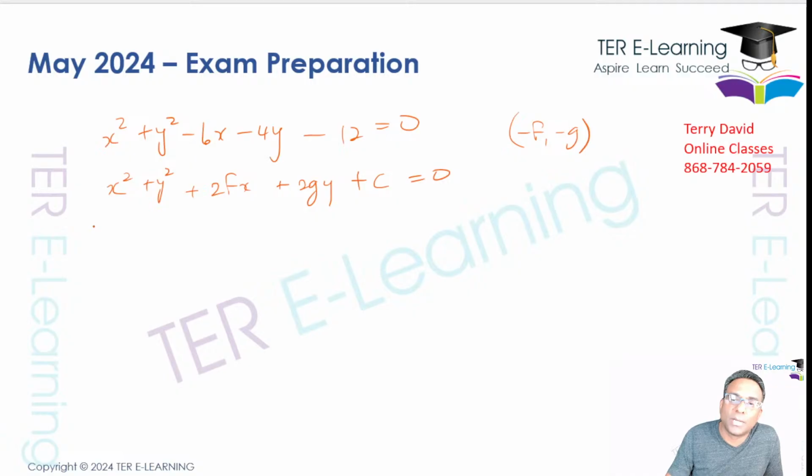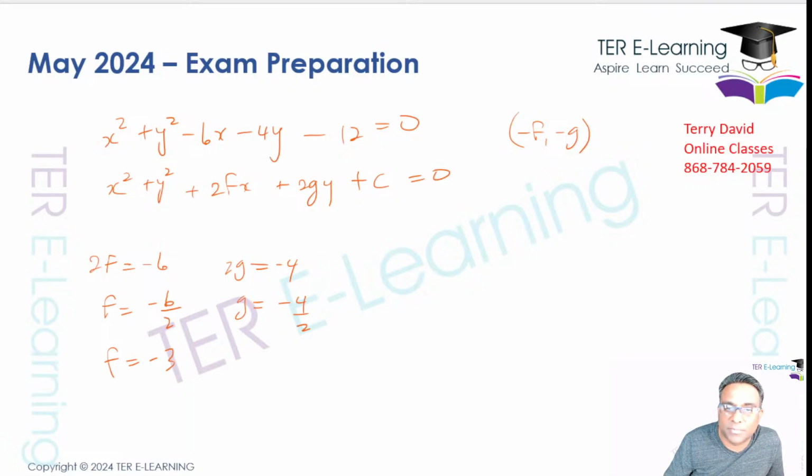Yes, that's true. So what we can say here is 2f is equal to -6, therefore f is equal to -6 over 2, so f is equal to -3. We can also say that 2g is equal to -4, and therefore g is equal to -4 over 2.